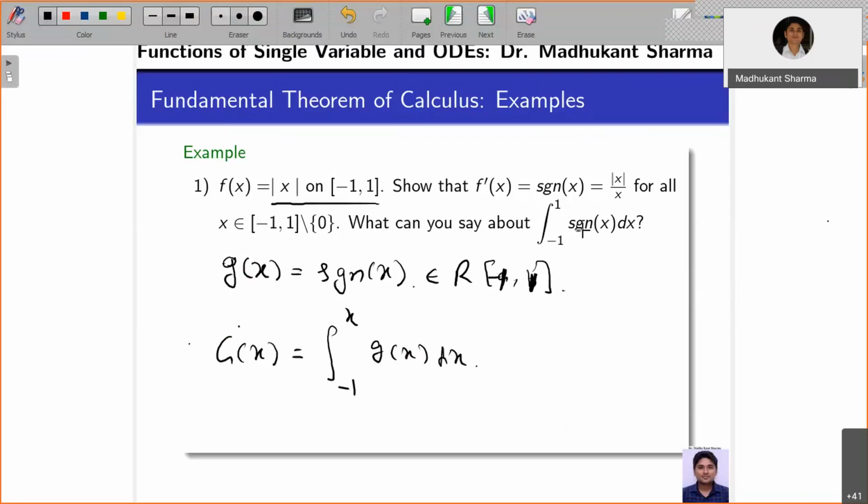Now, the signum function is continuous everywhere except at 0, so this function is differentiable everywhere except at 0. That we know. So we do not have G'(x) equal to g(x) for all x in -1 to 1.